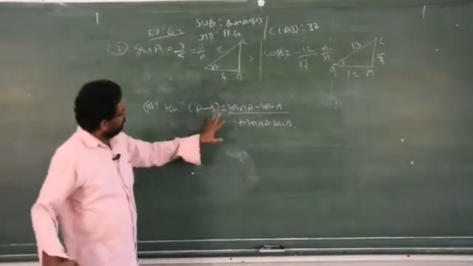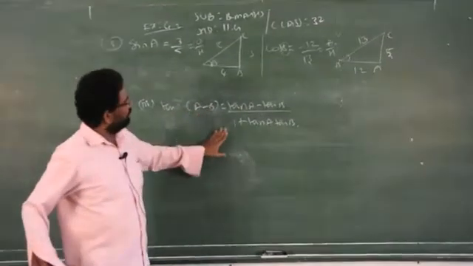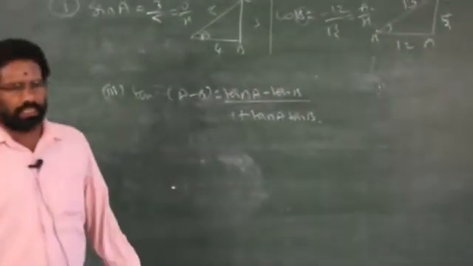To find the value of tan A minus B, you must know tan A and tan B.